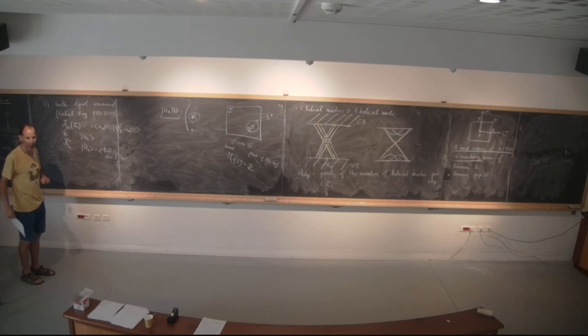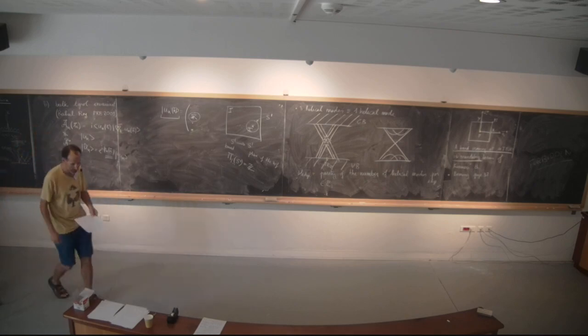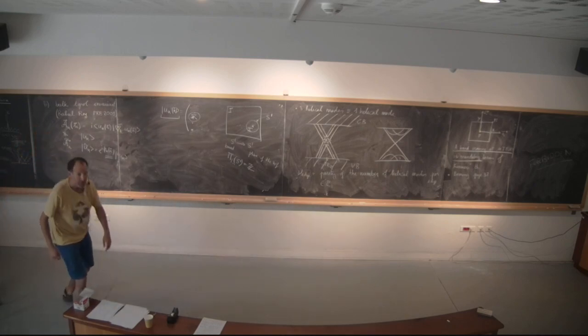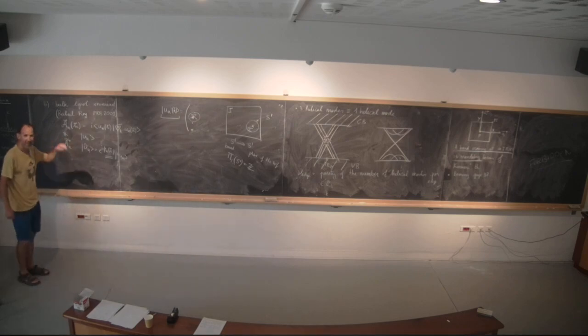Okay, can we do the same for Kane and Mele? Here I did it quickly for a Chern insulator. Can we do it for the Kane-Mele model? What's the difference? The main difference is that the thing that I need to glue now is no longer the phase of a wave function, but the object I'm trying to glue is a spinor. Why is it a spinor? It's a spinor because the bands come in pairs.